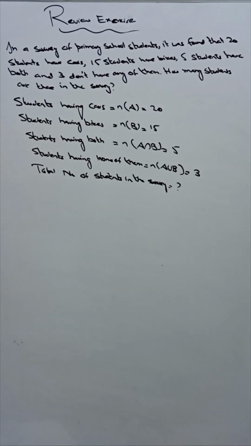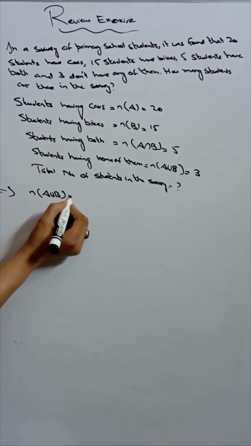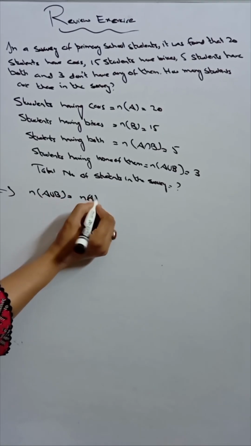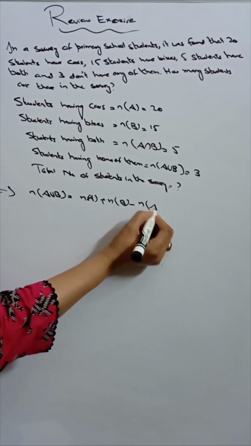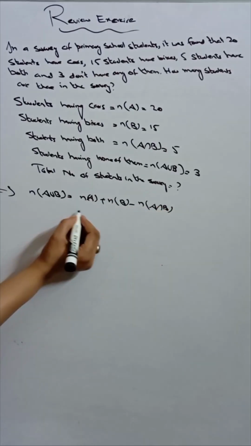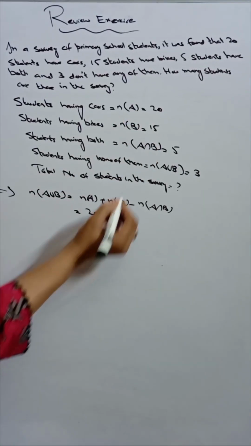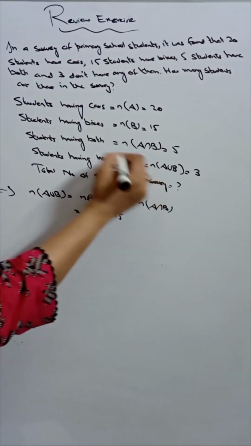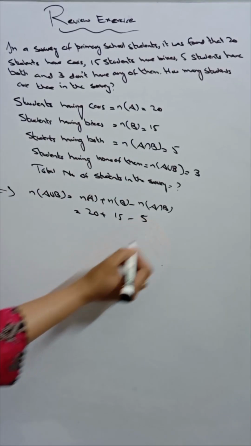All right. Now, the formula that I am using is: number of A union B is always equal to number of A plus number of B minus number of A intersection B. Number of A is 20. Number of B is 15. Number of A intersection B is minus 5.